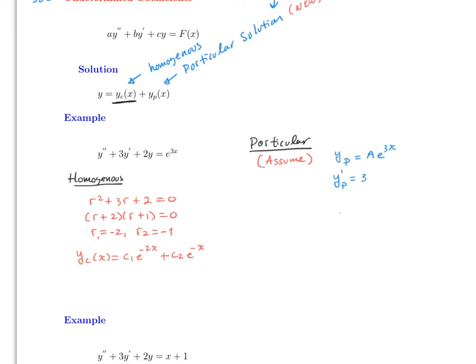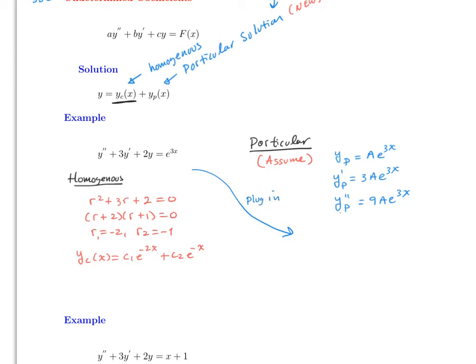So y prime is 3a e to the 3x, and y double prime is equal to 9a e to the 3x. Okay. Then we just substitute in here. So we're going to plug in.